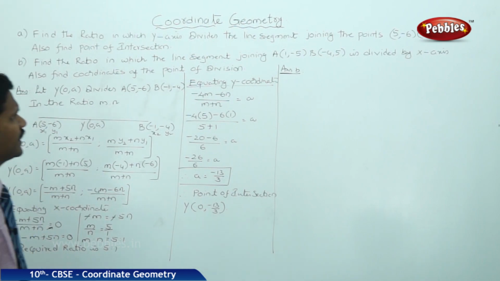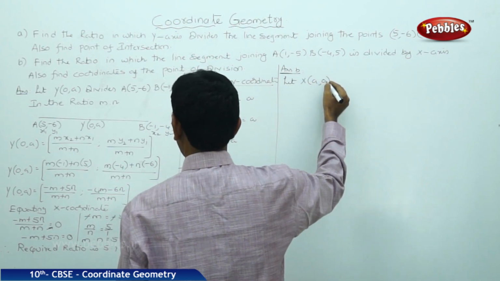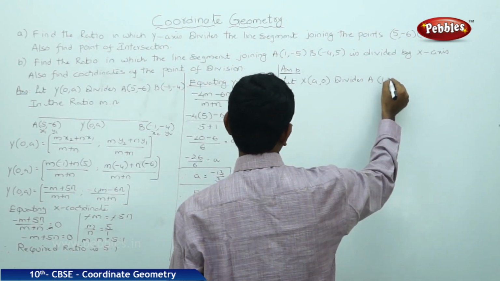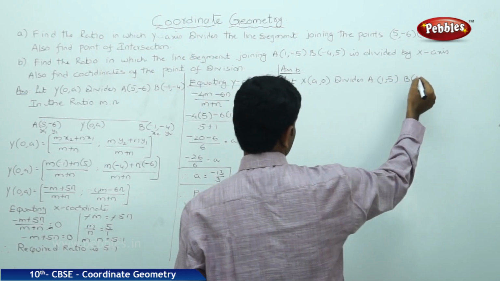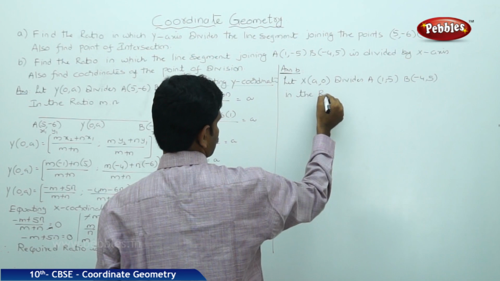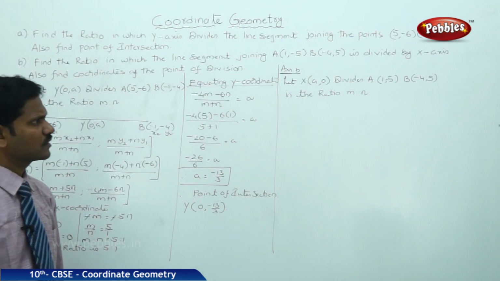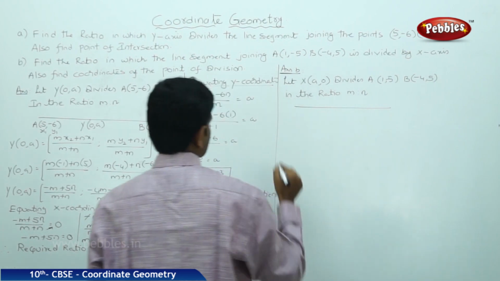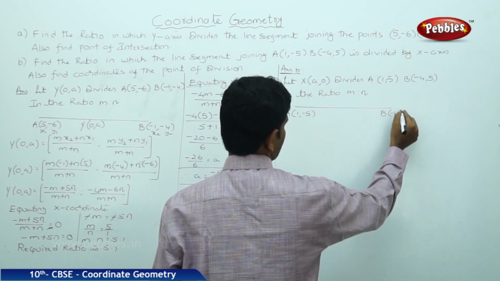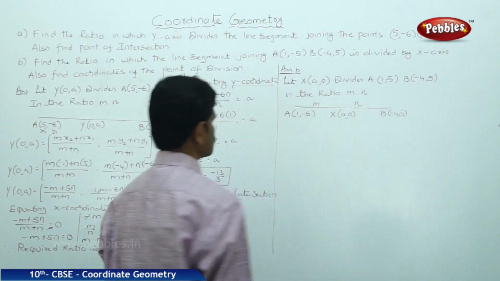Answer. That is, let X of (a comma 0) divide A of (1 comma minus 5), B of (minus 4 comma 5) in the ratio m is to n.